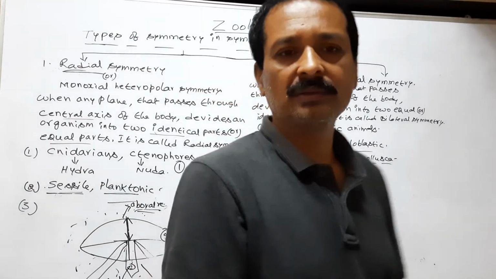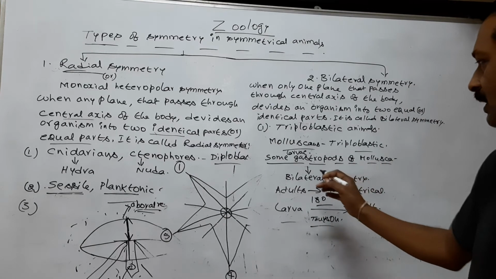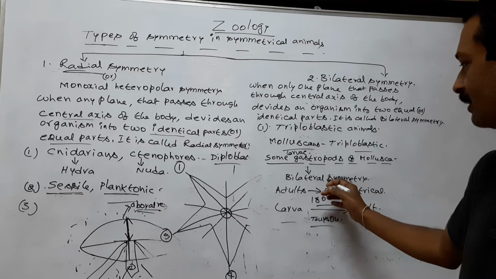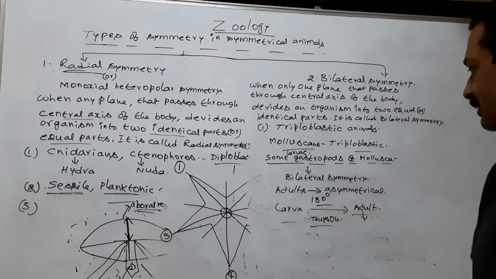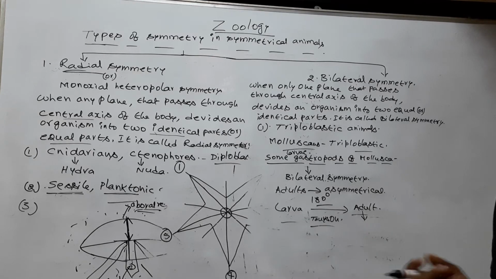The larvae of some of the gastropods exhibit bilateral symmetry, but their adults are asymmetrical due to torsion.